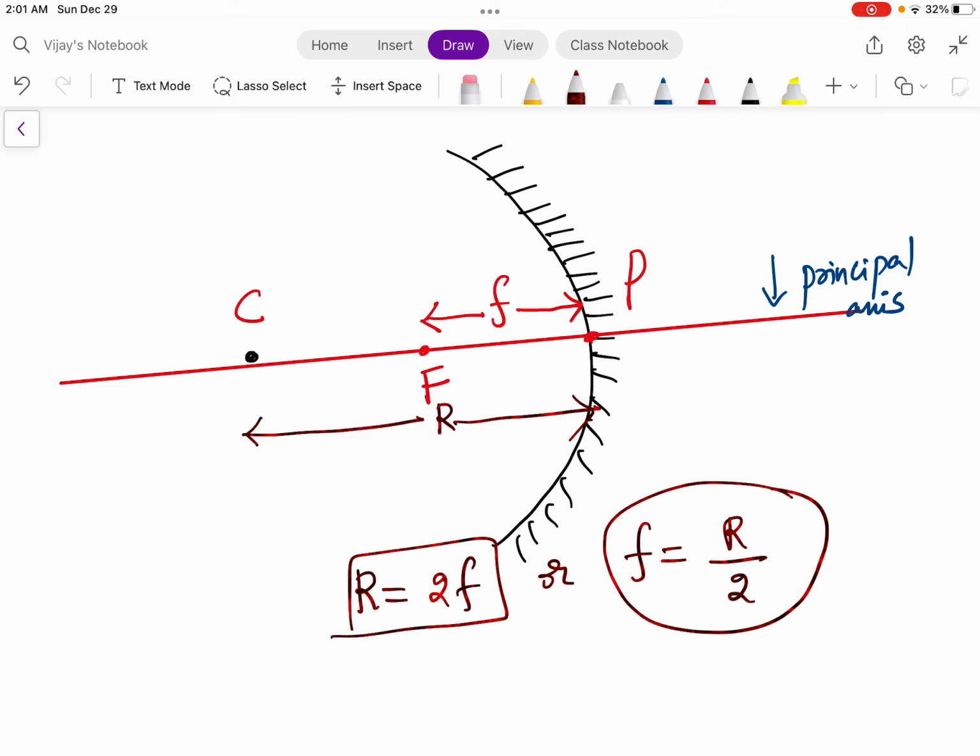If you take any mirror, you will place an object in front of that mirror. Depending on the object location, an image will be formed. That image will have certain size and certain characteristics depending upon the object location. If you change the object location, the image size can change, the image characteristics can change.